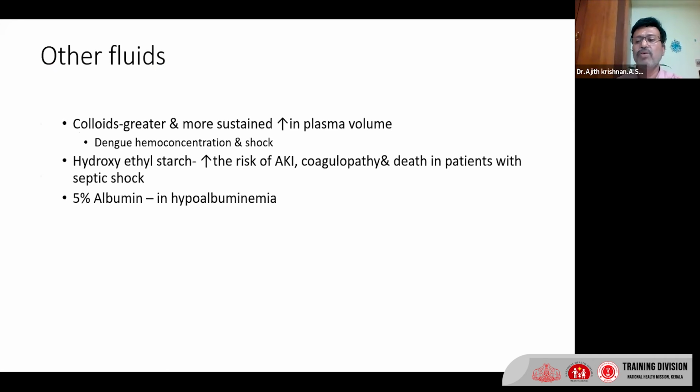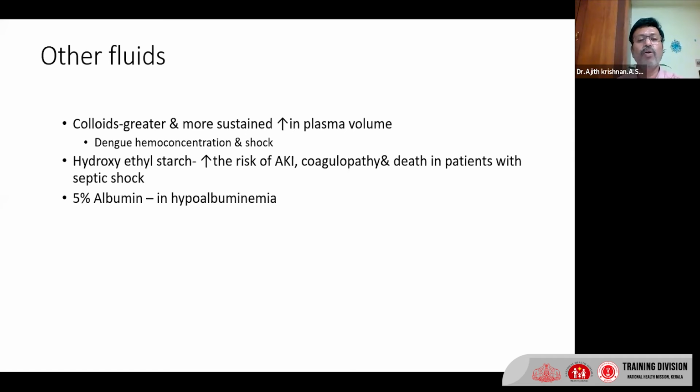Other fluids: it's not because they are more important, but people tend to use these fluids in place of crystalloids for the second time. But there is no need for these colloids unless definitely indicated. People think that colloids are greater and better. It is true that they give a greater and more sustained increase in plasma volume, but they are not indicated in usual septic shock because they increase the risk of acute kidney injury, coagulopathy, and death in patients with septic shock.